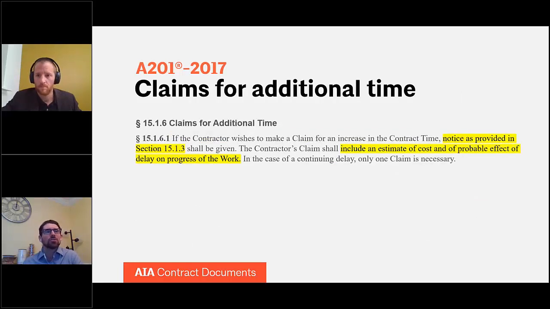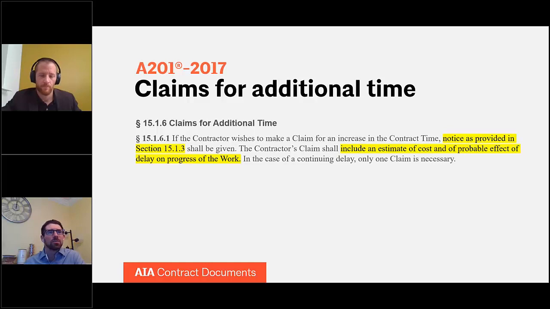So moving on to Article 15, that's the article that I mentioned earlier in 8.3.2 that might come into play. Article 15, and even some other articles throughout the contract, set forth various requirements for when the contractor is going to submit claims for additional time.